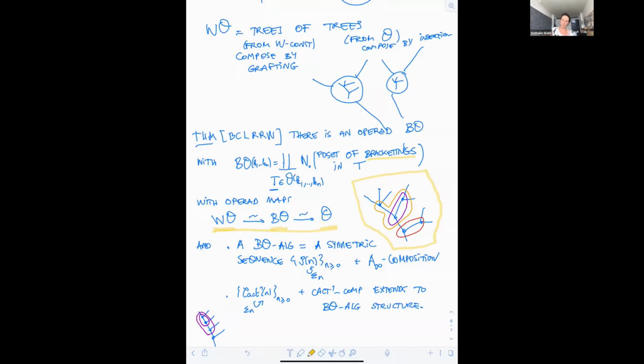In particular, every BO algebra is a WO algebra. So every BO algebra is an infinity operad in today's language. And if you unfold what a BO algebra really is, well, it will have an actual symmetric sequence.